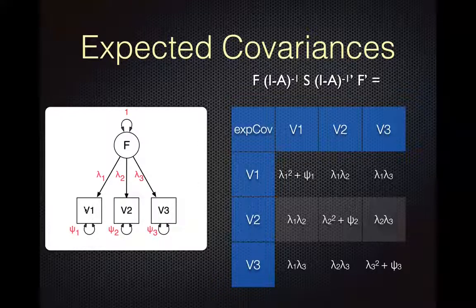So overall expectation for the variance of V1 is lambda1 squared plus psi1. So different chains get summed in structural equation modeling.